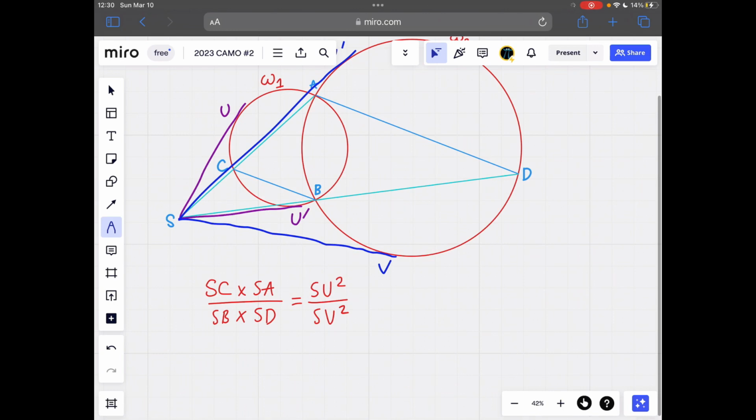So SC times SA over SB times SD. And here's where we can use the similar triangles. We know that SC over SB, because of the parallel lines, that's equal to SA over SD. So we can also say that this is equal to SA over SD squared.